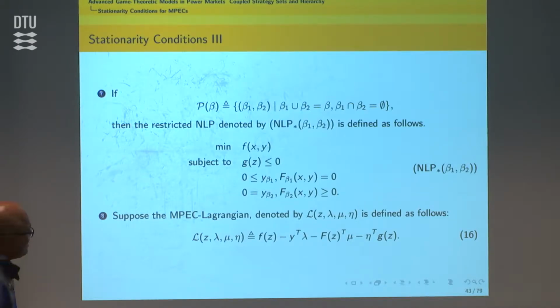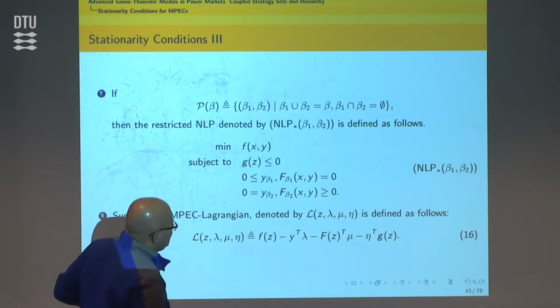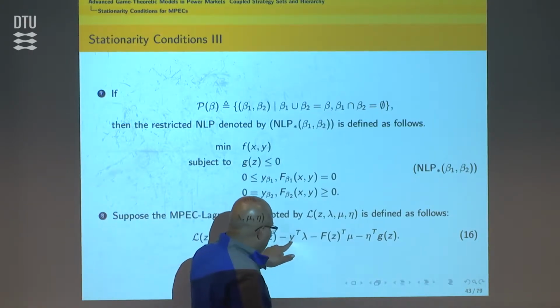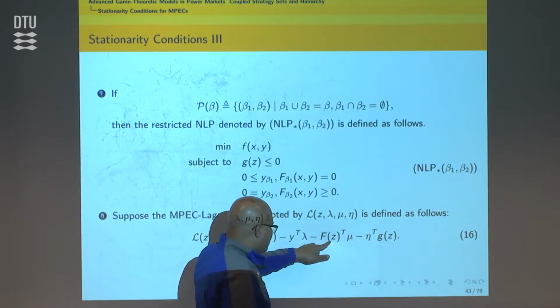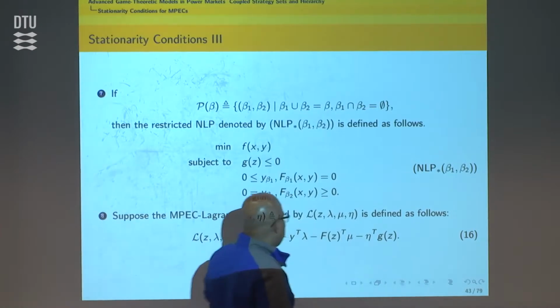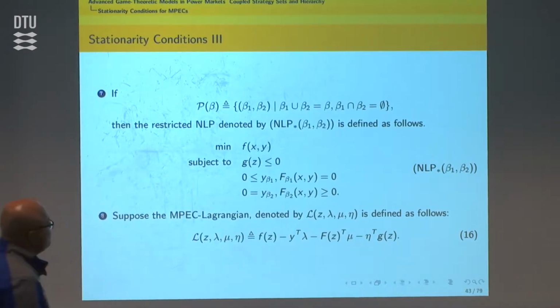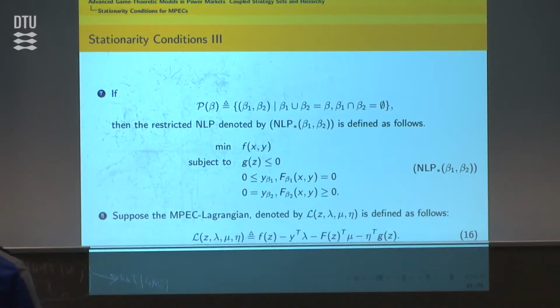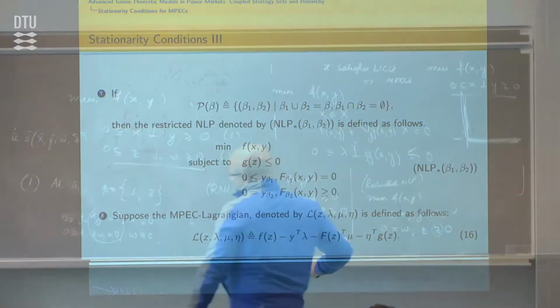So let's start by writing out the MPEC Lagrangian. The MPEC Lagrangian writes multipliers for the inequality and for the y variable, the f variable, and the g variable, but it doesn't worry about the complementarity constraint. And that's why it's important.